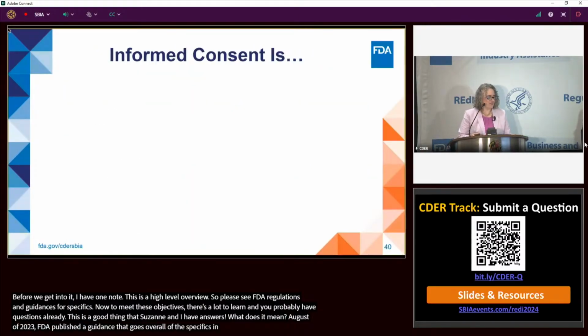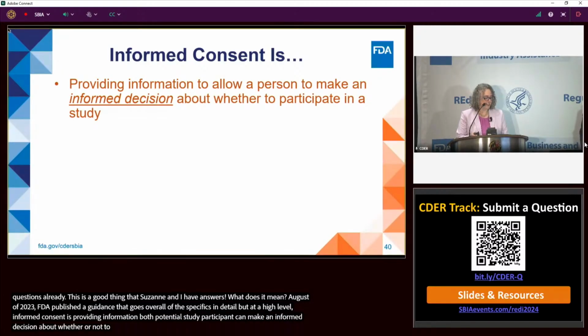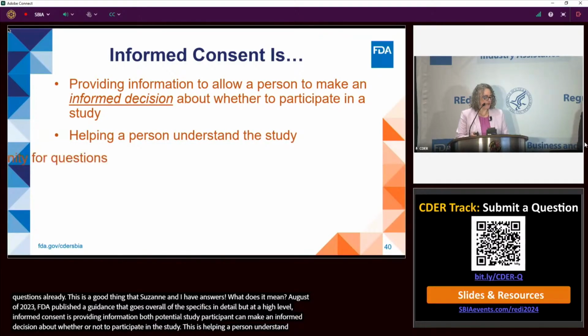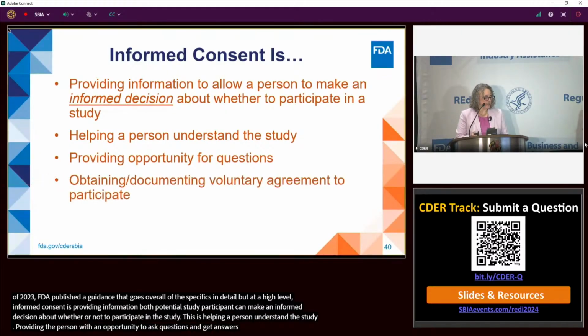But at a high level, informed consent is providing information so a potential study participant can make an informed decision about whether or not to participate in a study. It's helping a person understand the study, providing the person with an opportunity to ask questions and get answers. It's obtaining and then documenting the person's voluntary agreement to participate in the study.